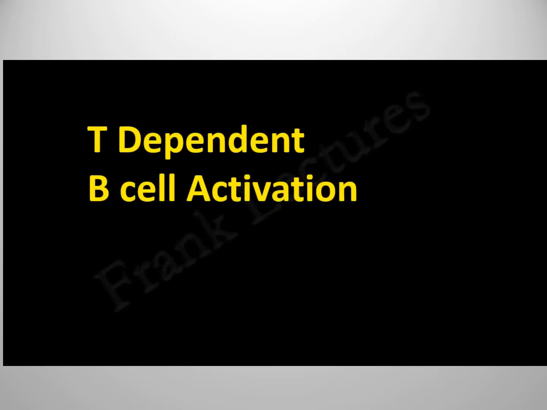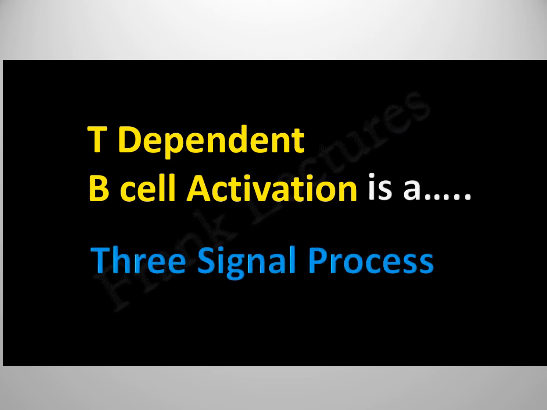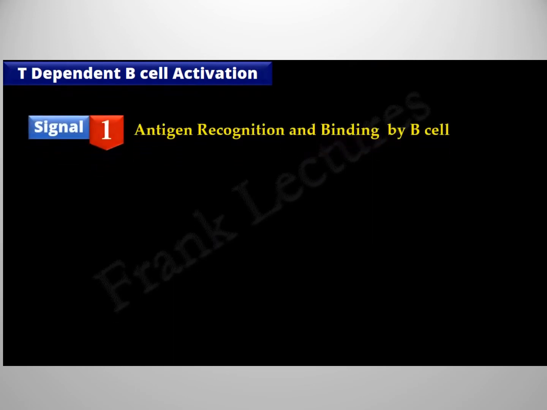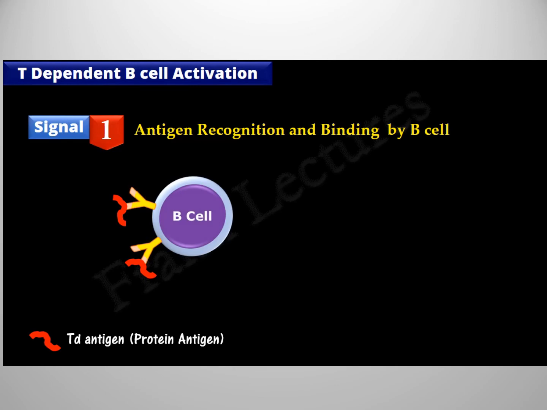T-dependent B cell activation is a three-signal process. The first signal is generated on antigen recognition by the B cell. The mature naive B cell recognizes and binds specific antigen by its B cell receptors.